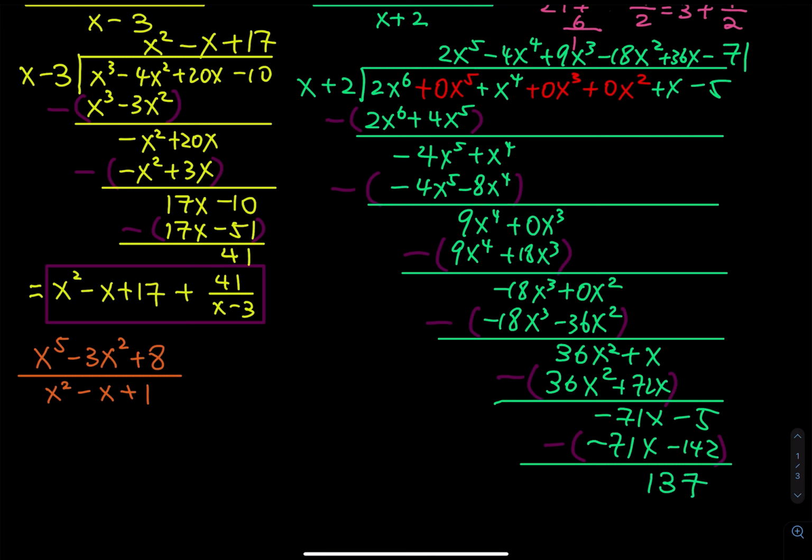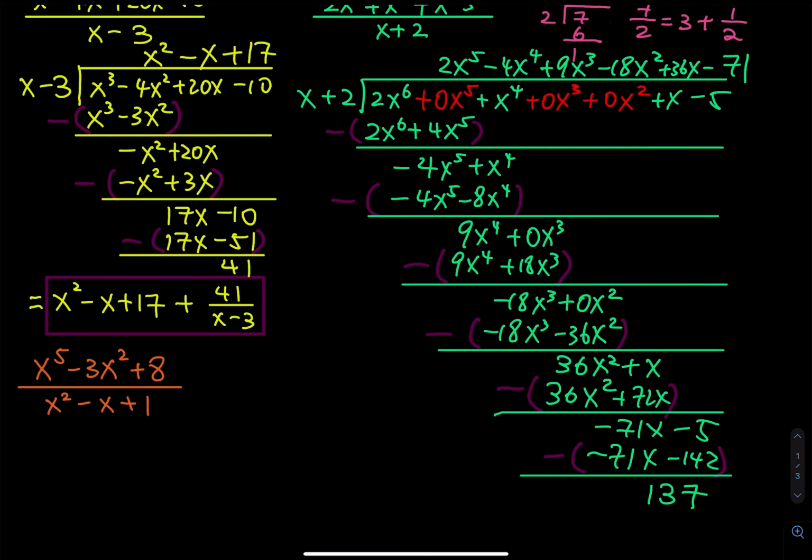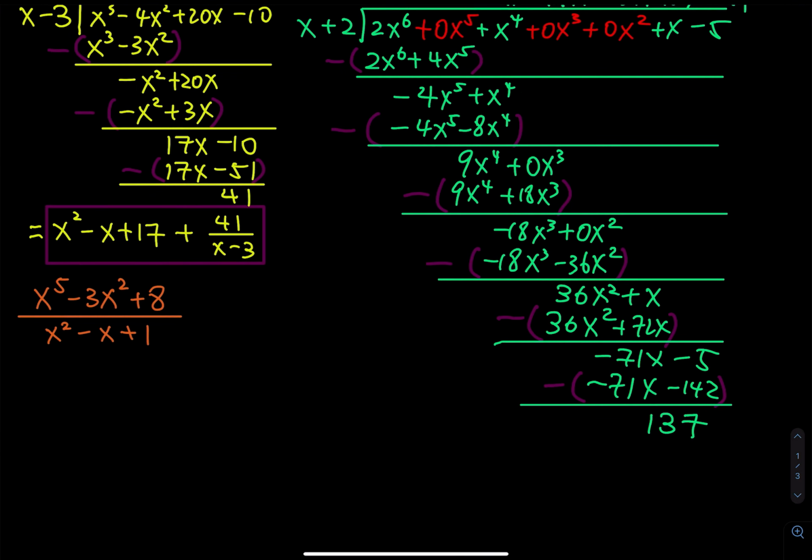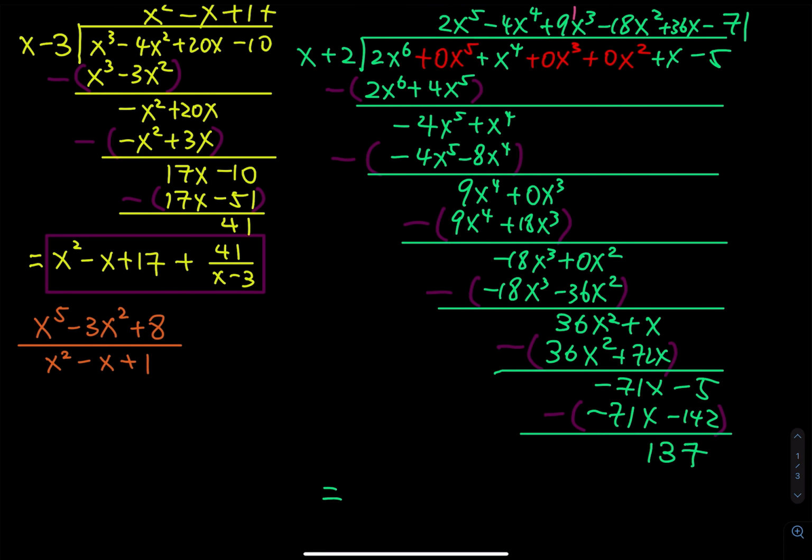So how do you express that using the division algorithm? Here is how. You copy the given problem again, and you say whatever I gave you is equal to 2x to the fifth minus 4x to the fourth plus 9x to the third minus 18x squared plus 36x minus 71.